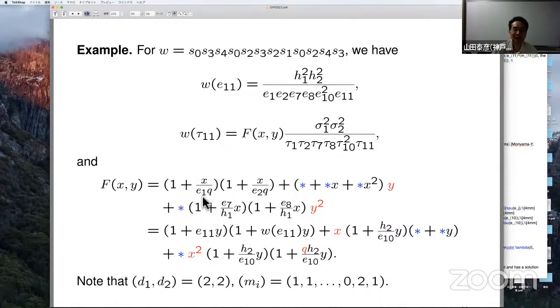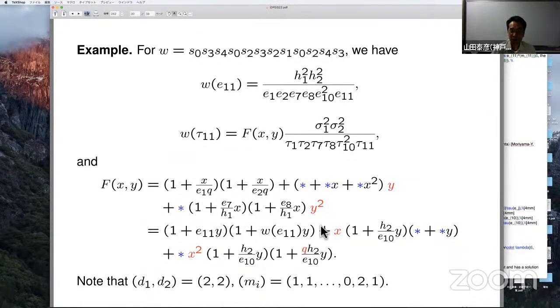For example, the multiplicity at the point p1 is 1, and the multiplicity at point p2 is 1, and the multiplicity at the 10th point is 2. And this multiplicity can be read off from the exponent of this monomial factor. And also the degree can be seen from these monomial parts.